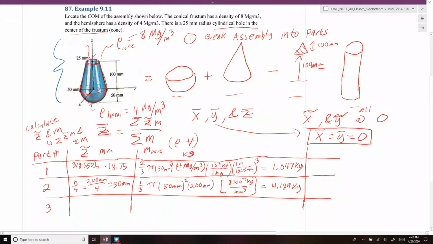So to get our z tilde, we have to add the 100 millimeters plus h over 4, which in this case, our height is 100, so it would be 125 millimeters would be our z tilde.